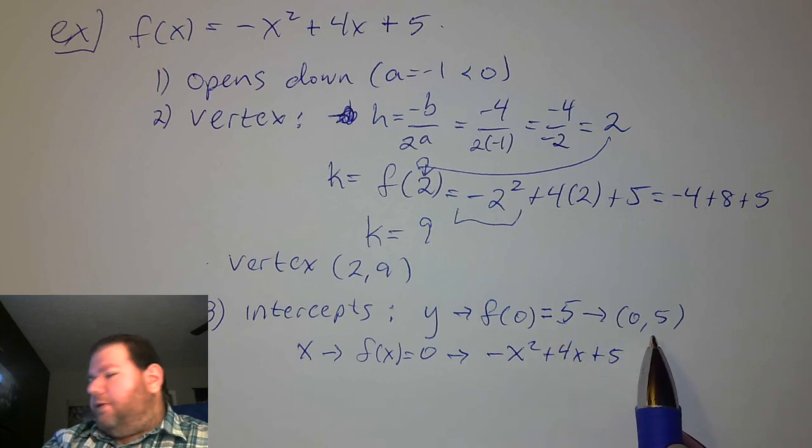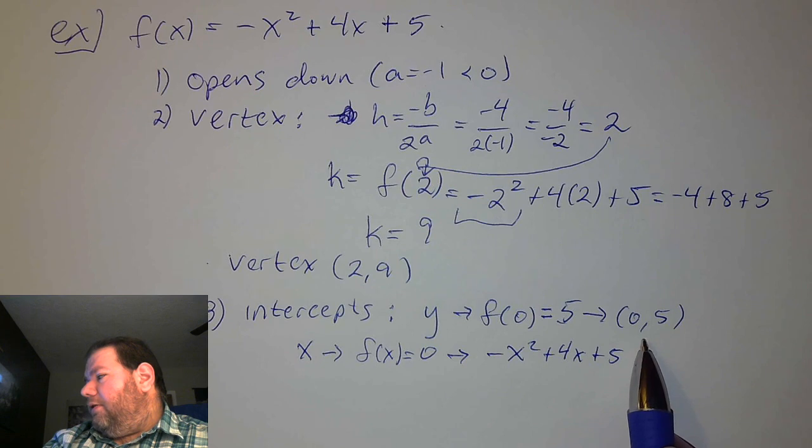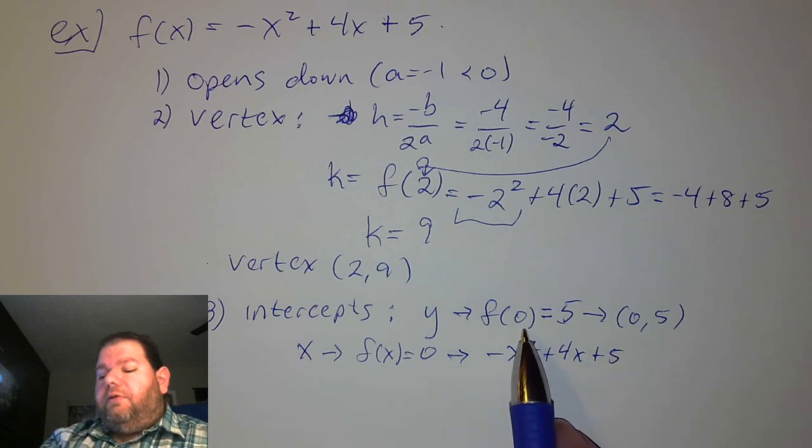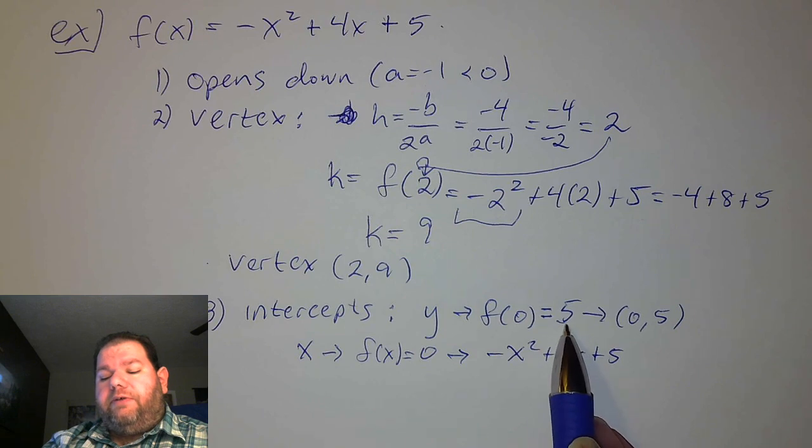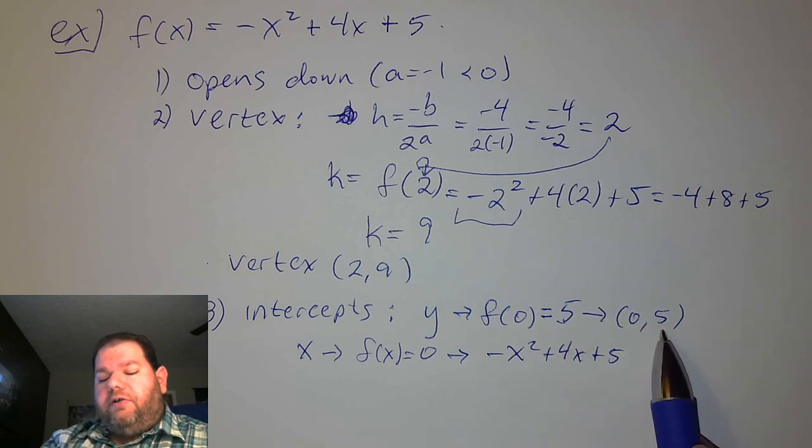Is that what you're asking about, Amanda? Yeah, whenever we have a y-intercept, we always plug in x equals 0. We got a value of y equals 5, so 0, 5.